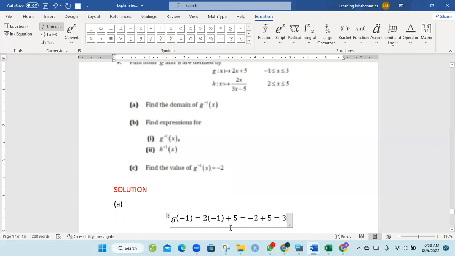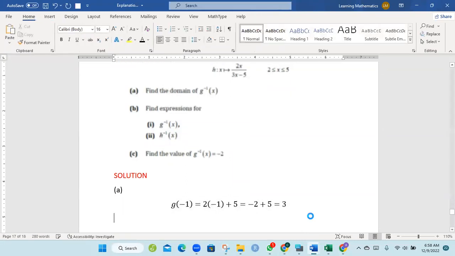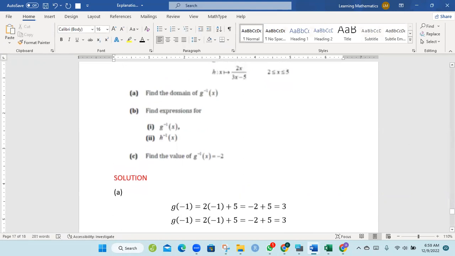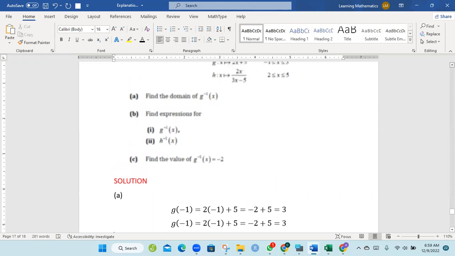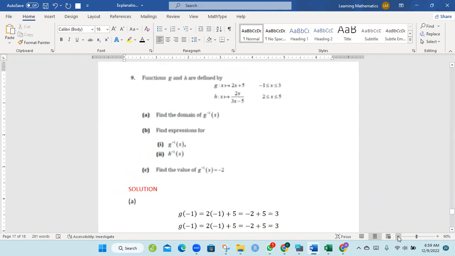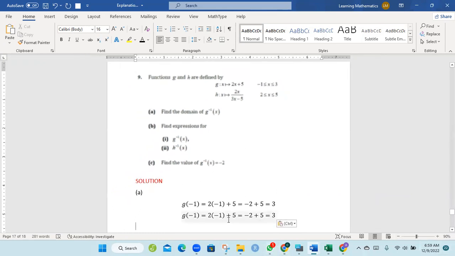And then we're going to substitute 3 into the function. Not this 3 here, this 3, the other domain value for the function. So it's a coincidence that we get g of -1 as 3.